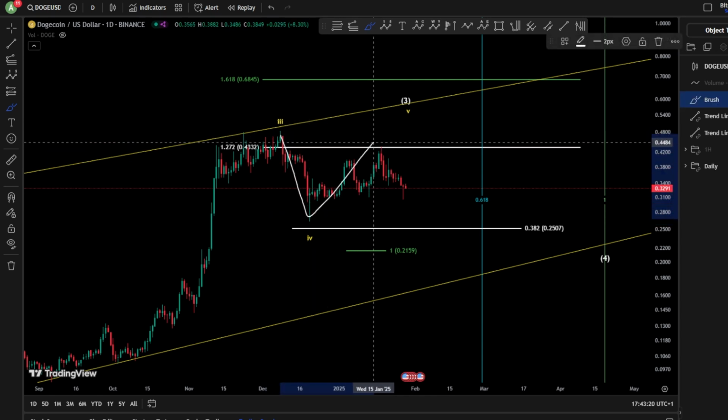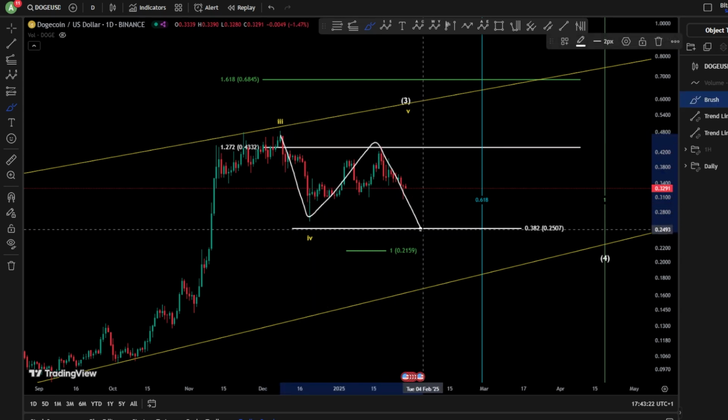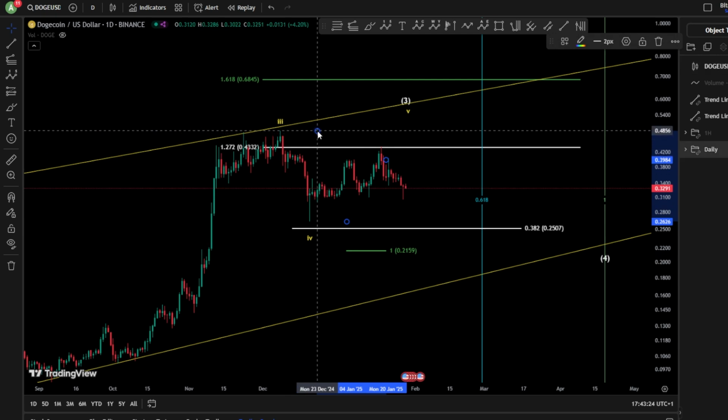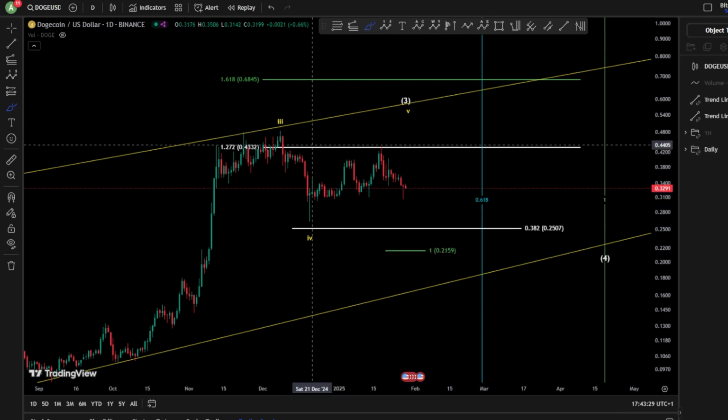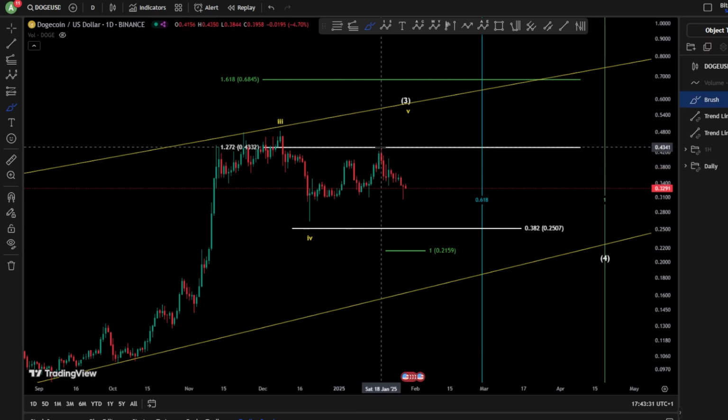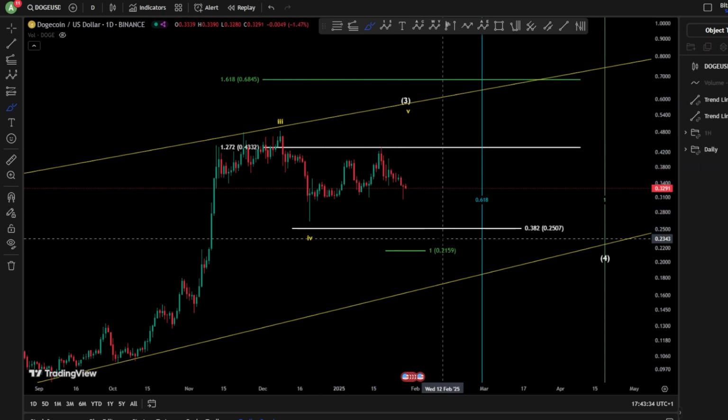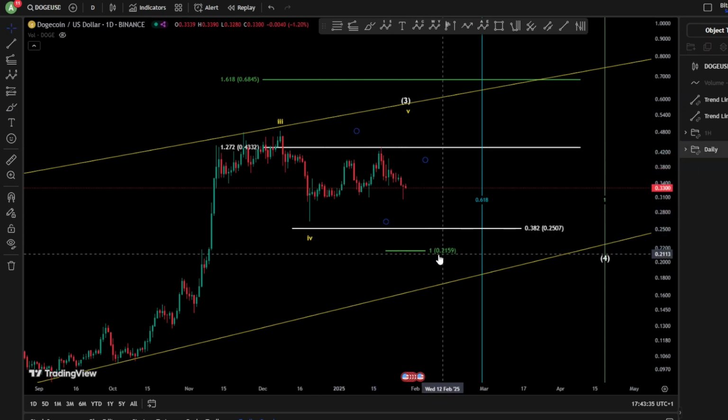Meaning A, B, and a C toward the downside, still looking for this fib level that it looks like we already predicted before. So here we go, we're moving toward the downside at the 1-to-1 fib level, 0.21 cent.